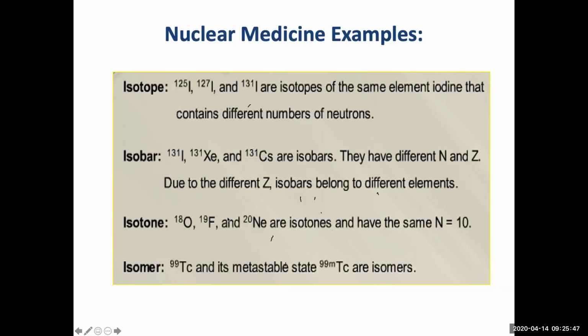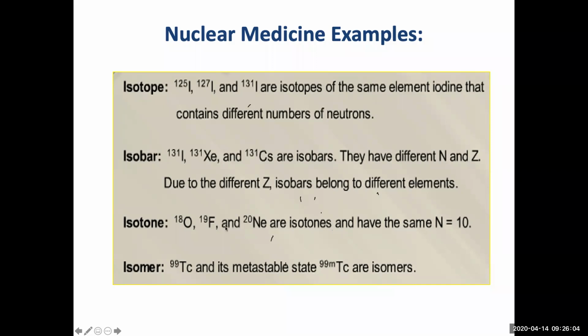Isotones have the same number of neutrons: here we have 10 neutrons with 8 protons, 10 neutrons with 9 protons, and 10 neutrons with 10 protons. So different numbers of protons but the same number of neutrons.